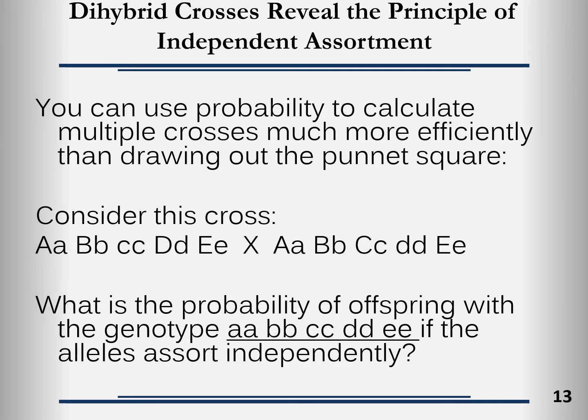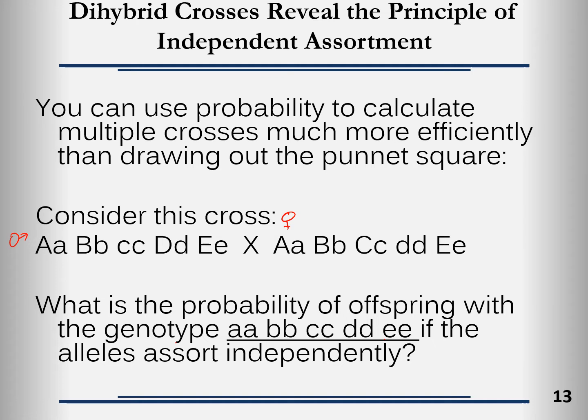Take this example. Consider that we have two organisms. Let's say that this is the father and this is the mother, and I have their genotypes across 5 genes, A, B, C, D, and E, and I want to know what the probability is that they will produce an offspring that is homozygous recessive for all 5 genes.